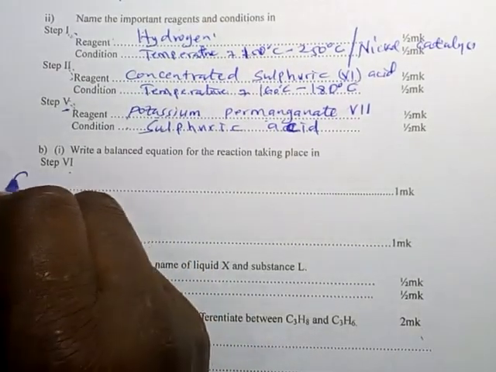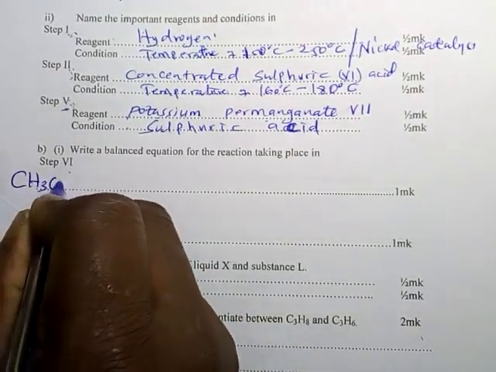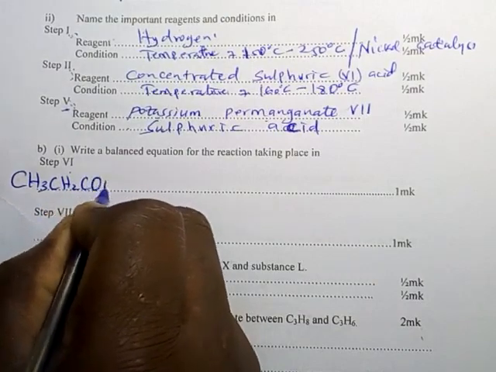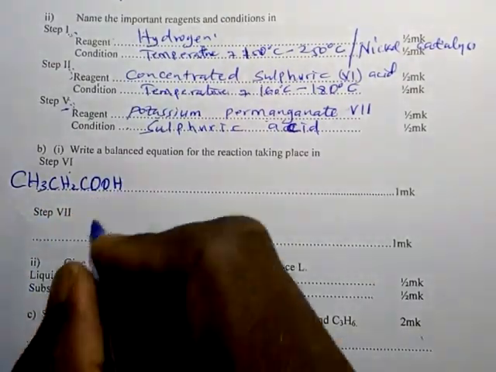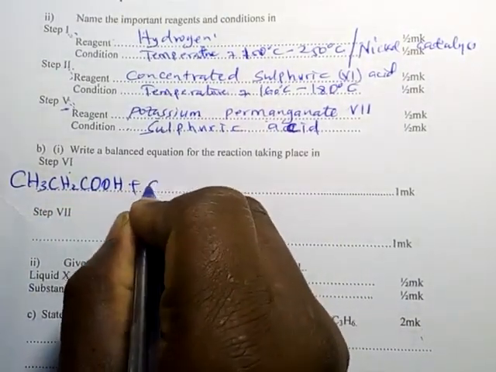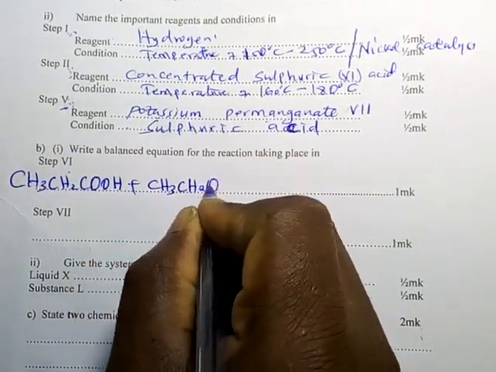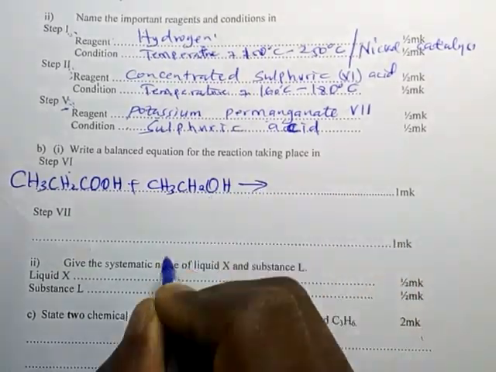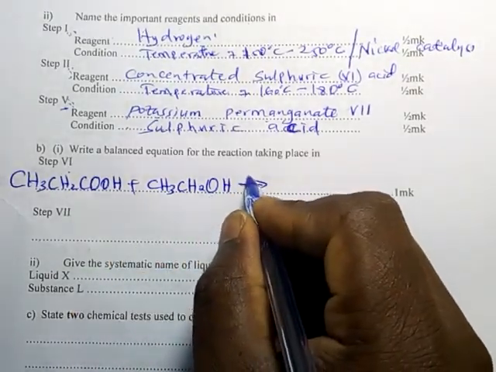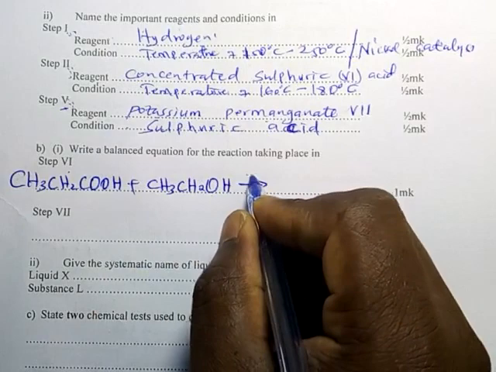So propanoic acid is CH3CH2COOH, plus ethanol, CH3CH2OH, which will react in the presence of a few drops of sulfuric acid.